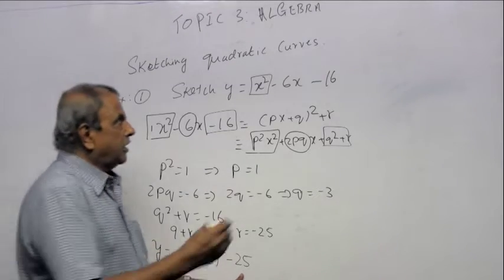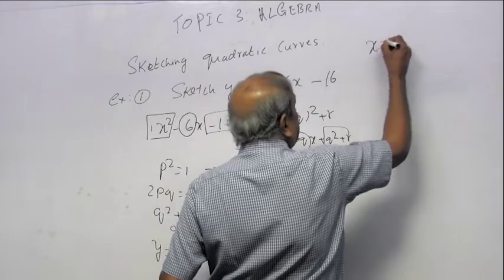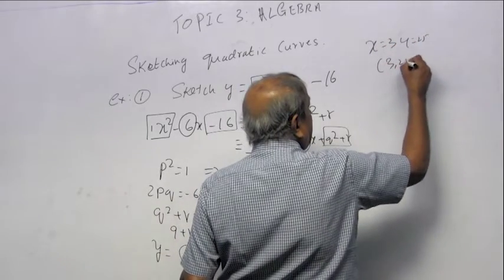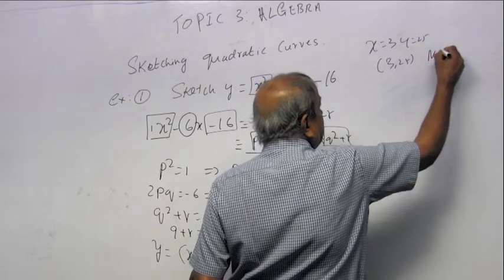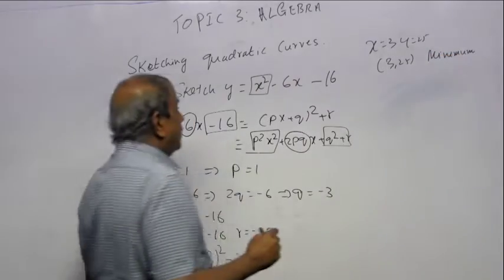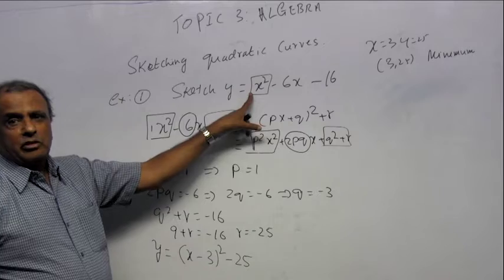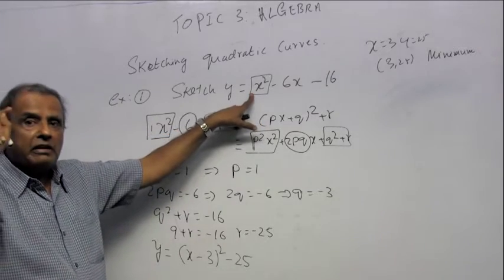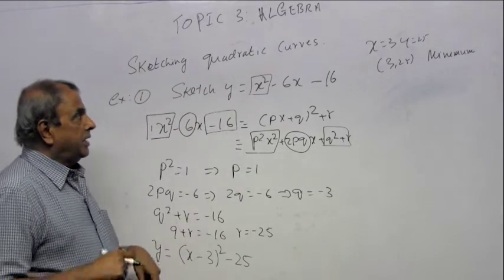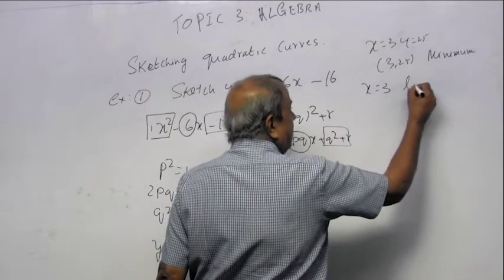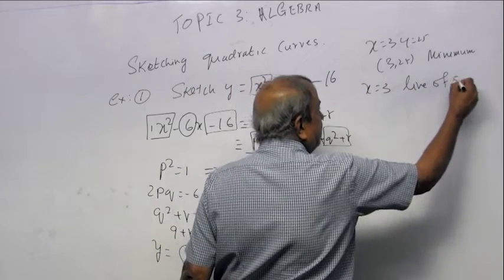So in other words, x equal to 3, y equal to minus 25 is a minimum point. Why is it a minimum point? Because we know it's a plus x squared, a is positive, so it's a U-shaped graph, so it will have a minimum. Apart from that, x equal to 3 will be a line of symmetry.